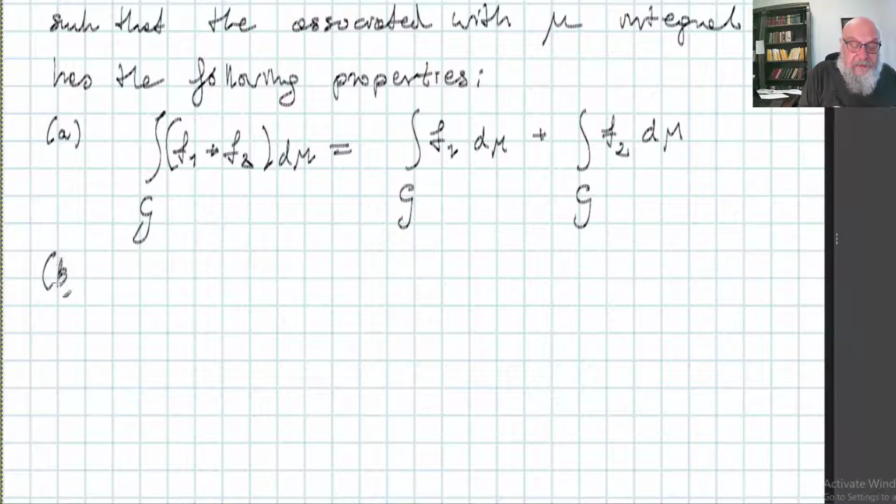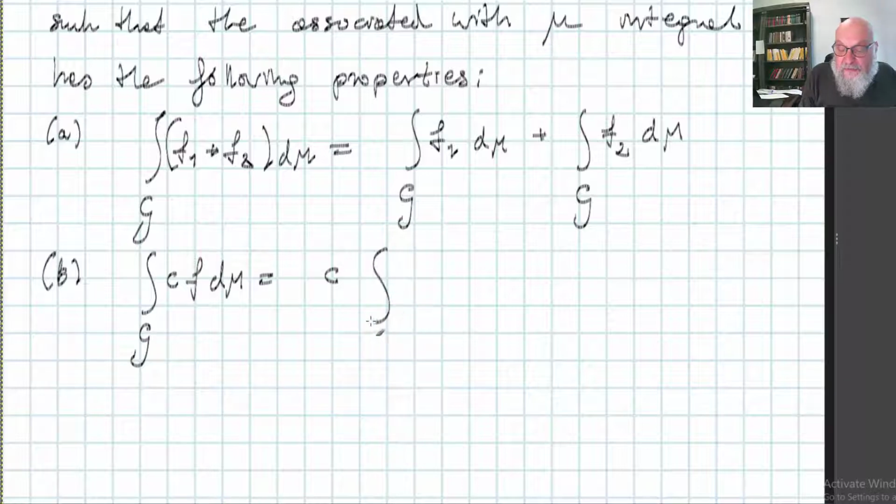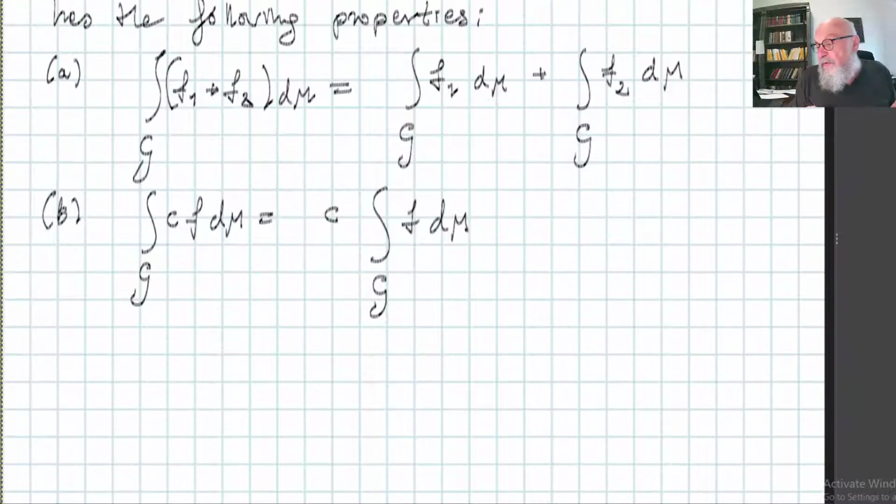And B is also a typical property: the integral of c f d mu, where c is a constant, so you can take the constant out. So those are the usual properties.